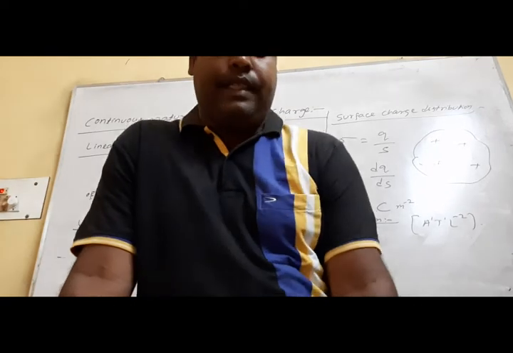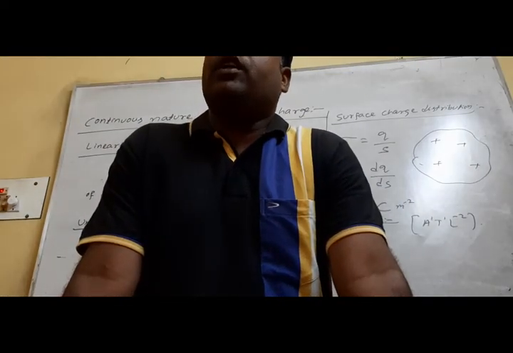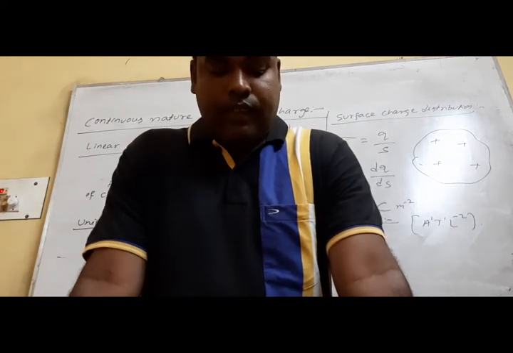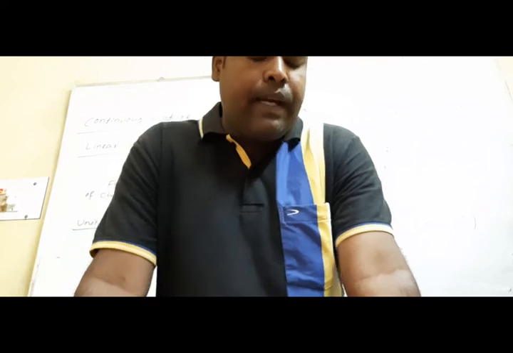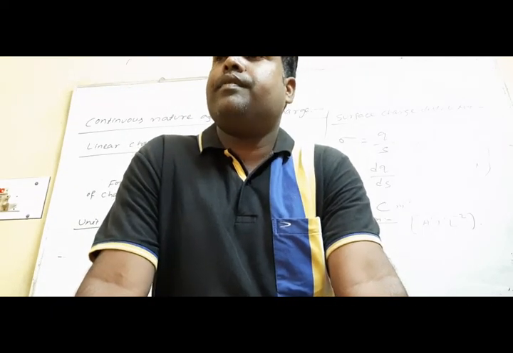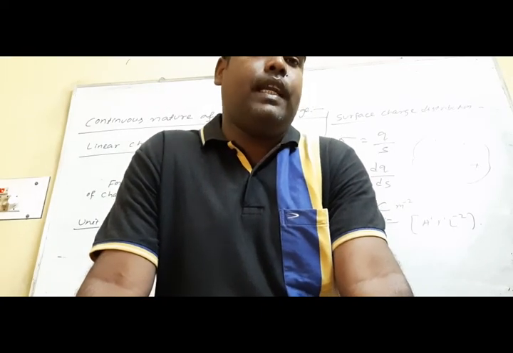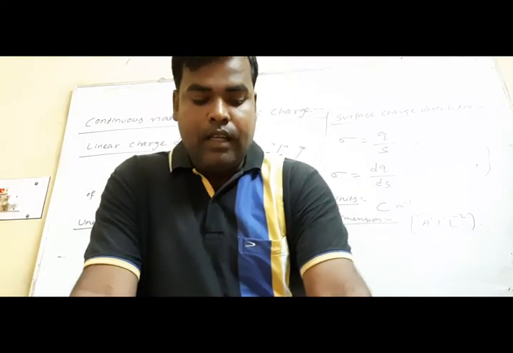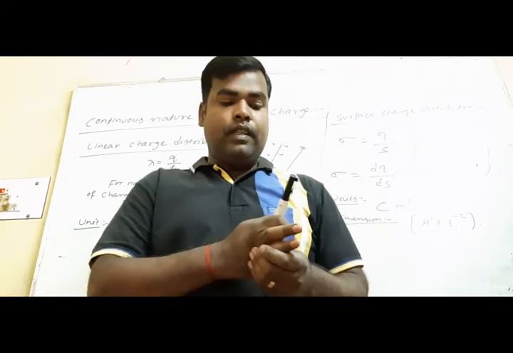What do we mean by it? When will we consider the charge is continuous in nature? You know, the charge acquired by a body is either due to loss of electrons or gain of electrons. The size of the electron is very small.